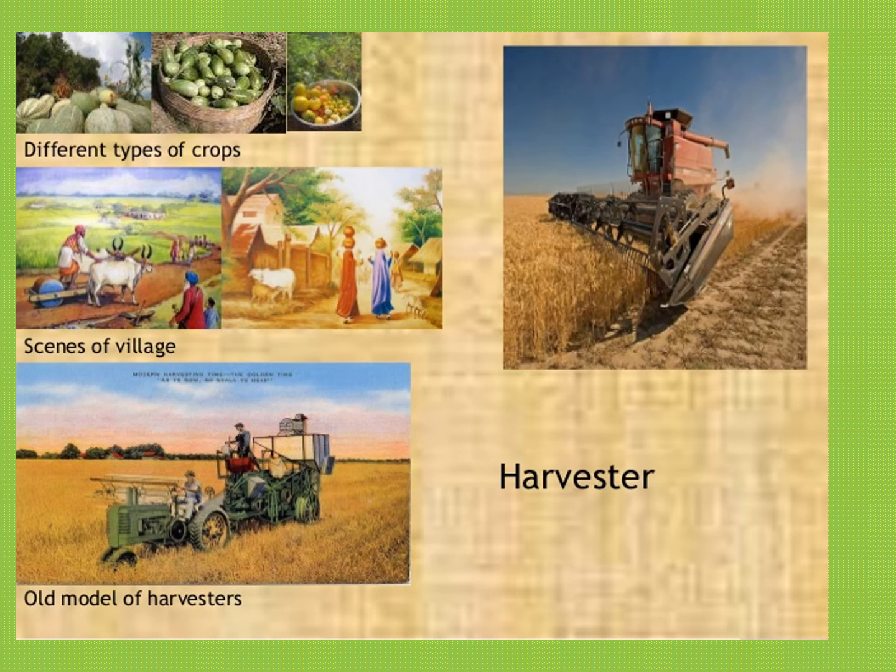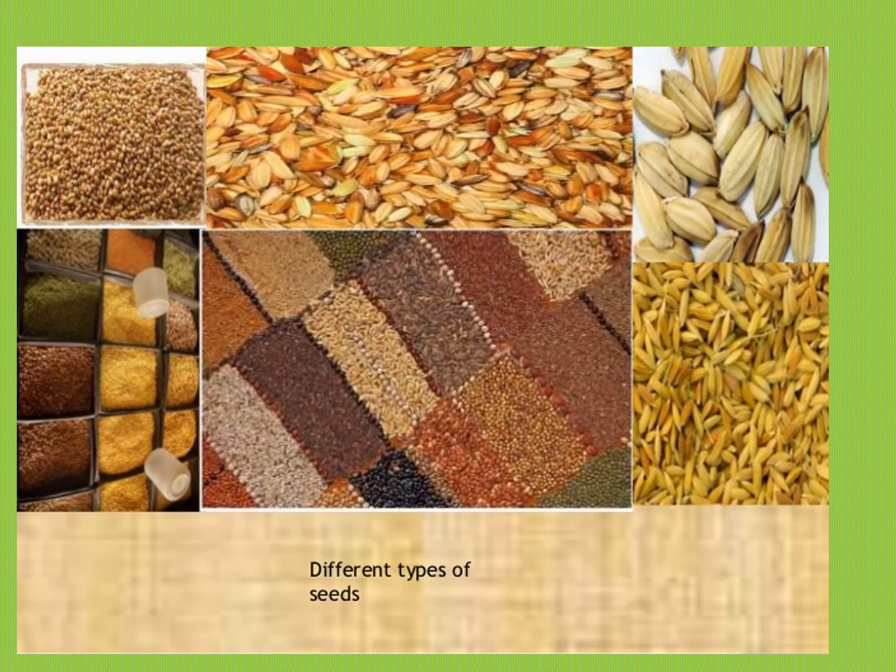So here I show you scenes from a village, the older models of the harvesters, different types of crops, different types of seeds. You can identify seeds, Google Baba ki jai.